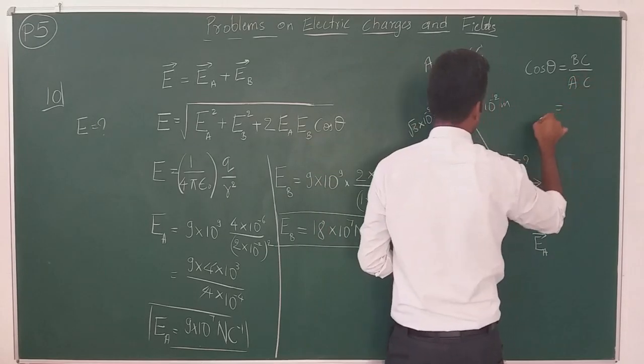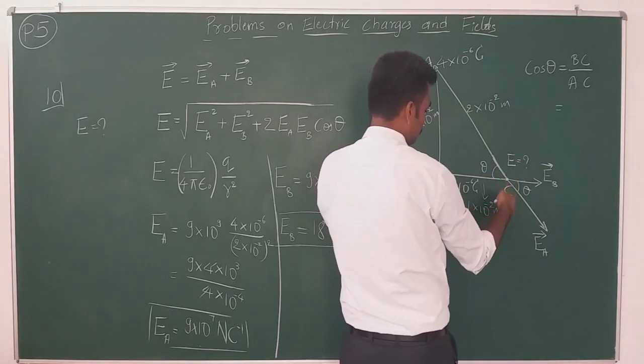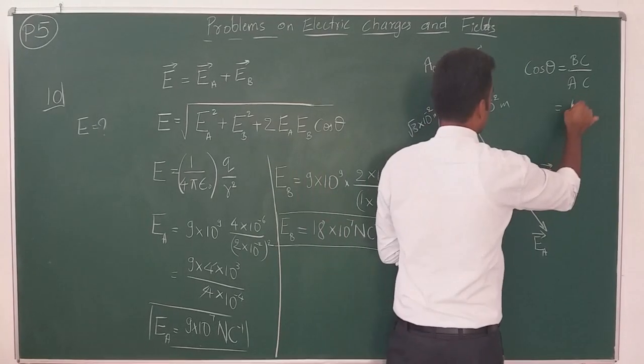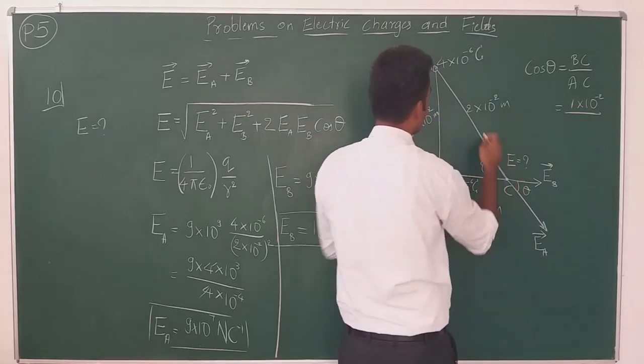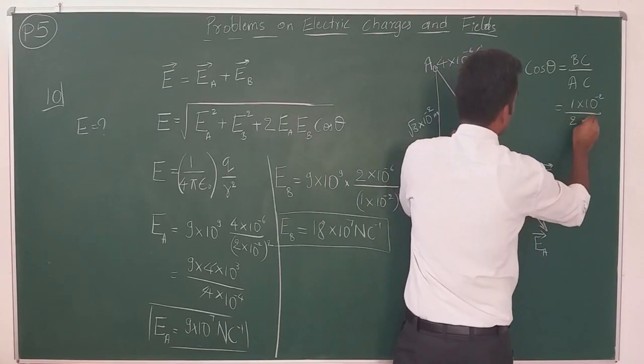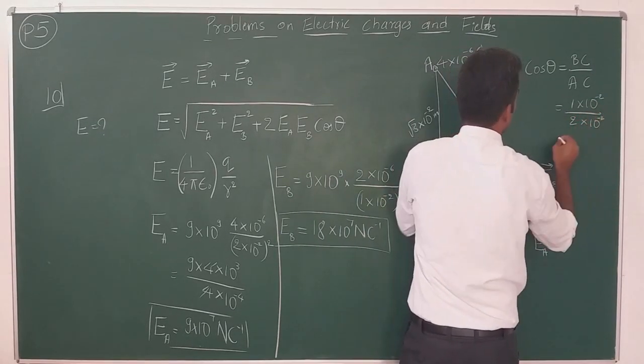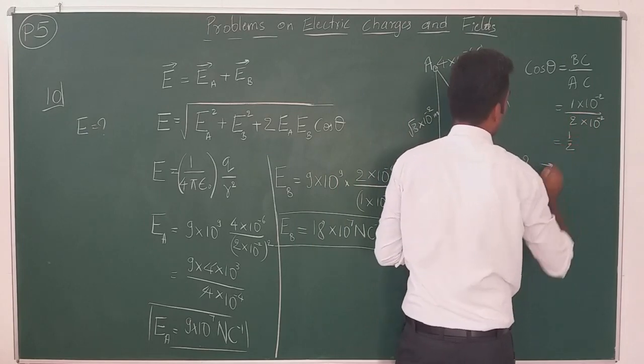What is BC? BC is 1 into 10 to the power of minus 2. What is AC? AC is 2 into 10 to the power of minus 2. So cos theta is equal to half.